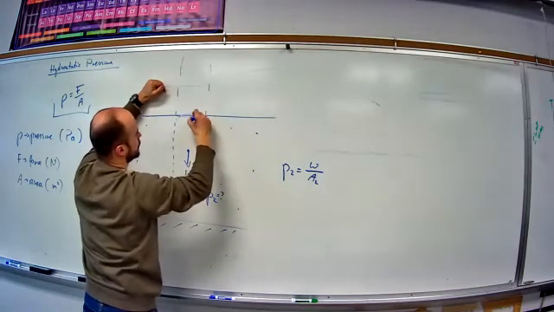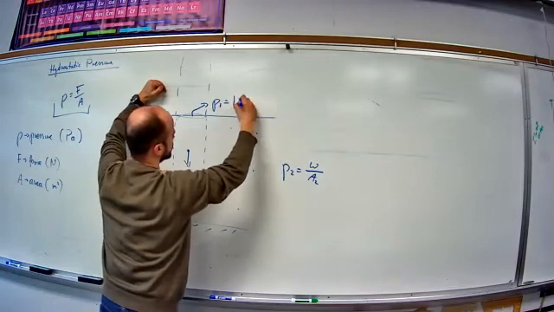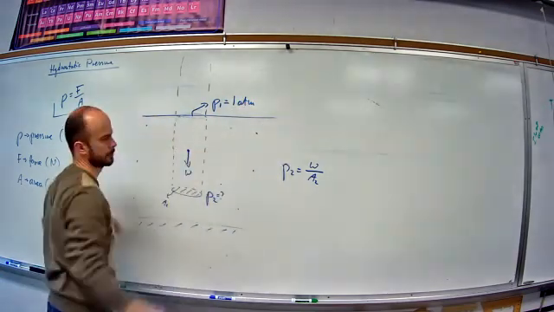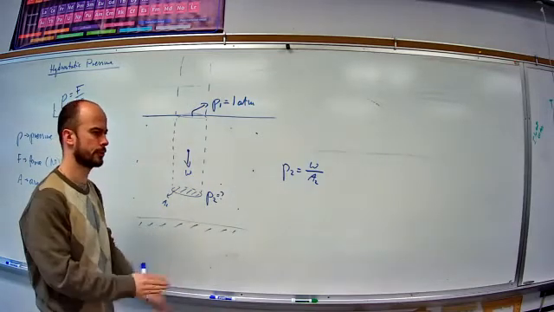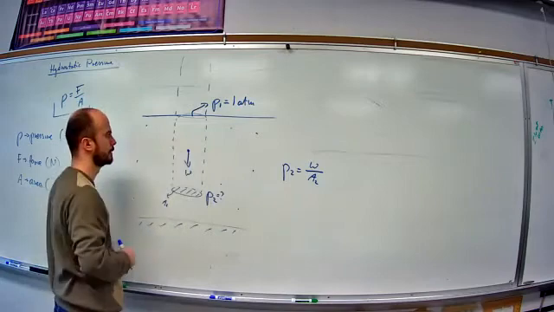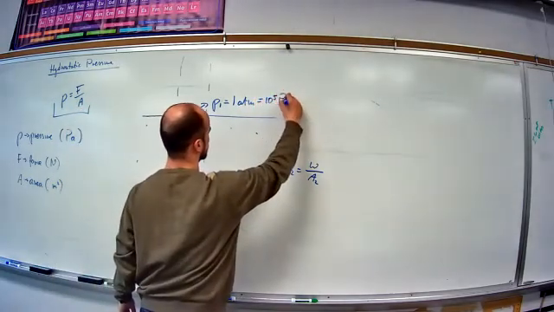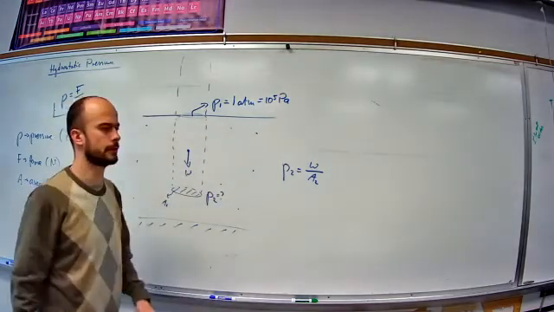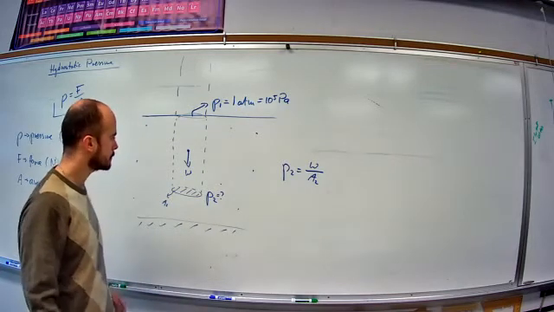That amounts to pressure P1, which is equal to 1 atmosphere. So I have 1 atmospheric pressure at the surface because what's above the surface is the atmosphere. We will approximate this with 10 to the 5th pascals. It's not exactly that, and there are some variations depending on the weather, but we'll just run with 10 to the 5th pascals.